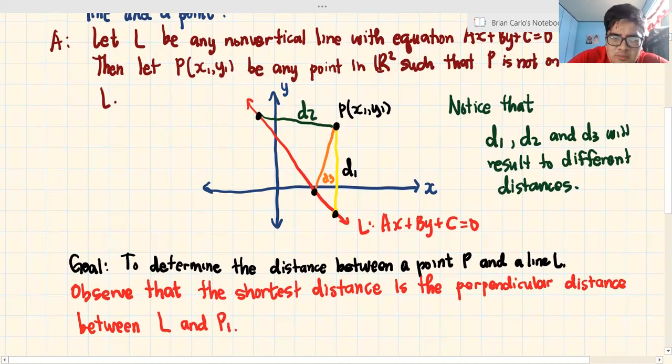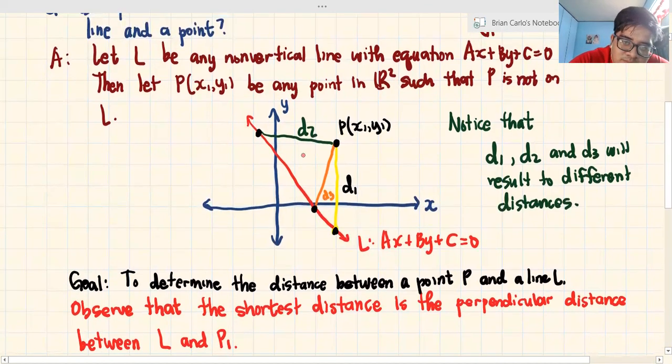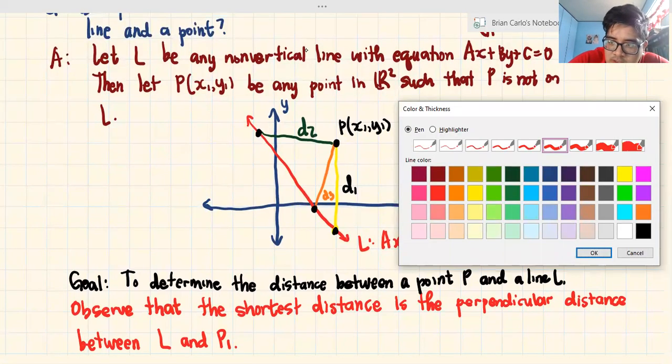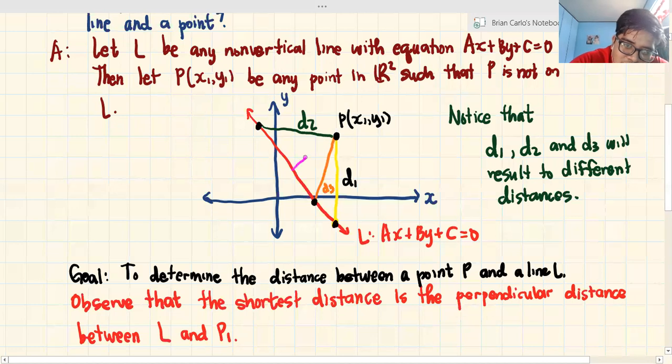Ano ibig sabihin ng perpendicular distance na yon? Magpapalit tayo ng kulay, let's say pink. Pansinin niyo itong perpendicular distance na to, itong pink. Perpendicular, ibig sabihin makakabuo ka ng 90 degrees.